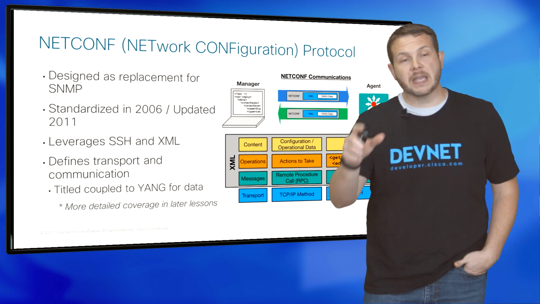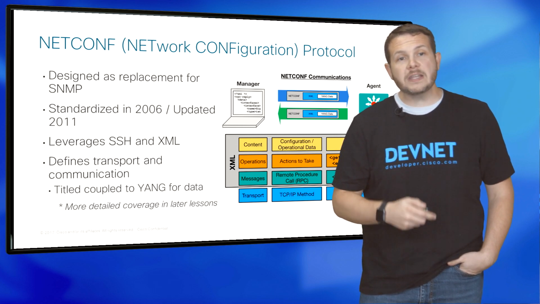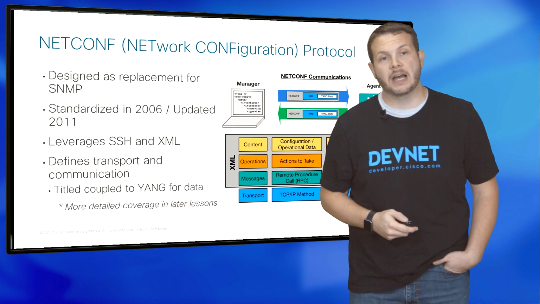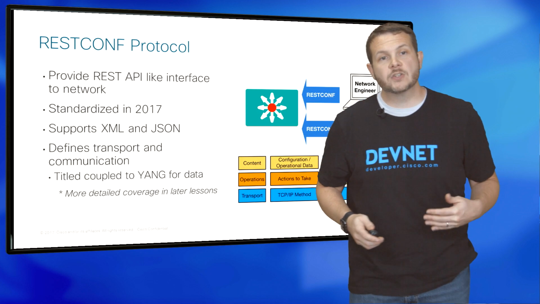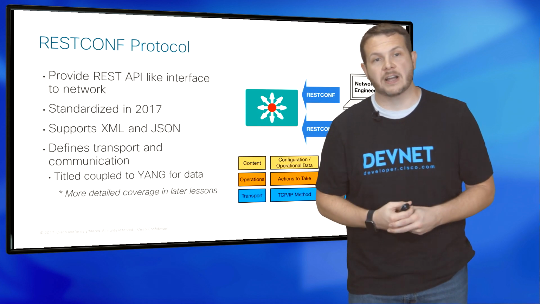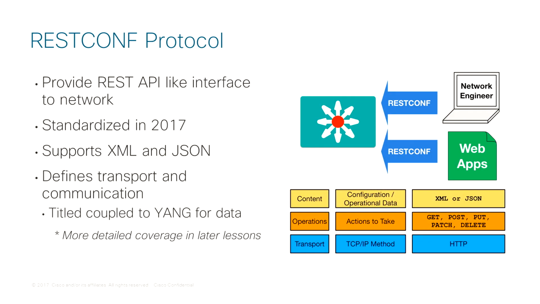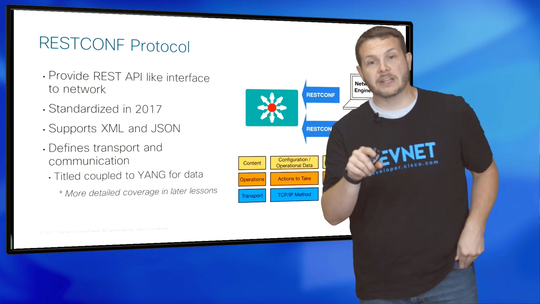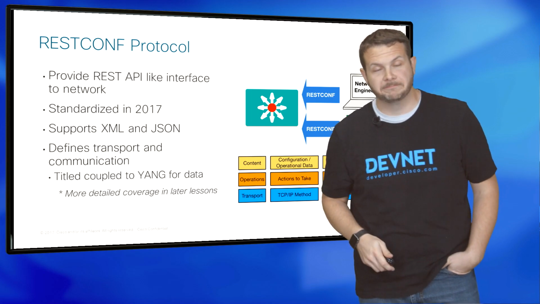Now, as netconf became standardized and used, REST was growing in popularity as a basic API framework for different application systems. And so RESTconf was designed and standardized early in 2017 to provide a REST API-like interface to the network. It will support both XML and JSON, and we will give lots more focus on the RESTconf protocol in another later section, so stay tuned for that.